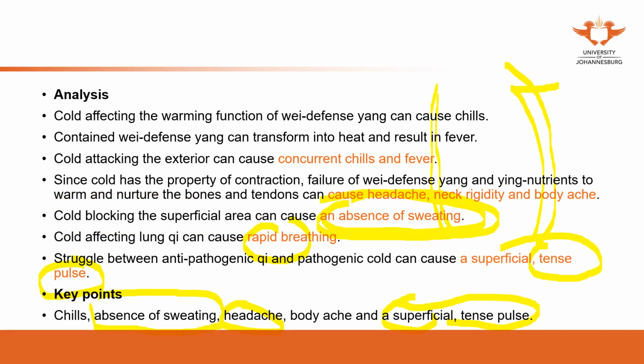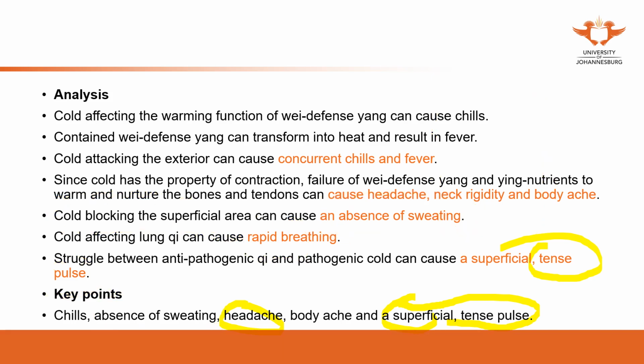So that's the difference between the Taiyang wind attack and the Taiyang cold attack. Also, from the name of the syndromes, we will know the etiological factors. One is due to the cold, one is due to the wind.